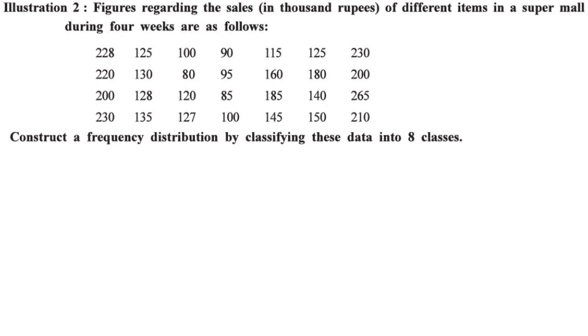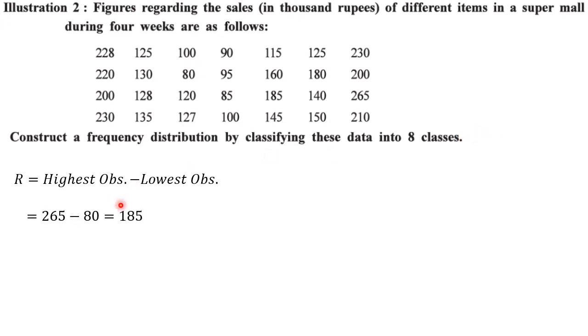First of all, we have to start by finding out the range of the data. Here R is the highest observation minus lowest observation. If you check out the data here, the highest observation is 265 and the lowest observation here will be 80.